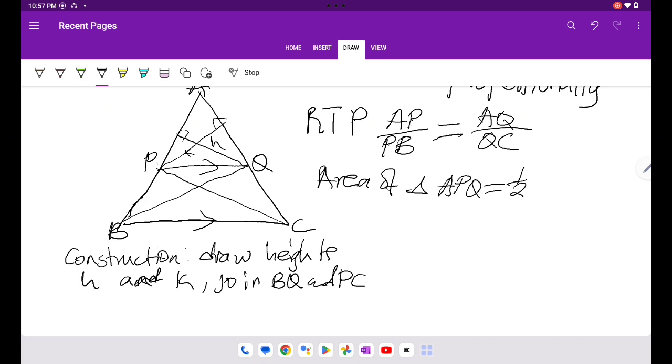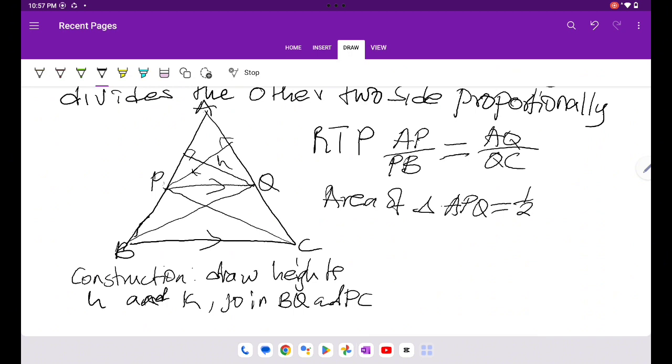Now remember, we want to prove that AP over PB equals AQ over QC. So we said we want the area of triangle APQ. We want AP as a base, therefore H will be our height.